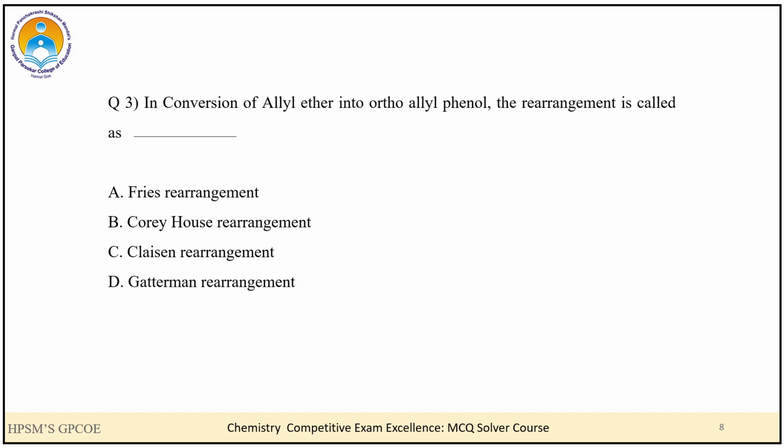Moving on to the next question 3. In conversion of allyl ethers into orthoallyl phenol, the rearrangement is called as dash. Options are A, Fries rearrangement, option B, Corey-House rearrangement, option C, Claisen rearrangement, and option D is Gattermann rearrangement.